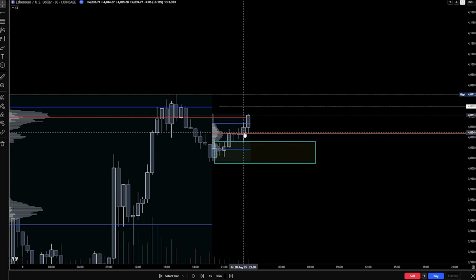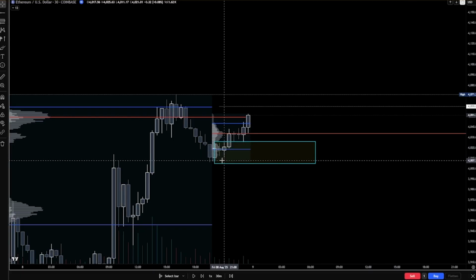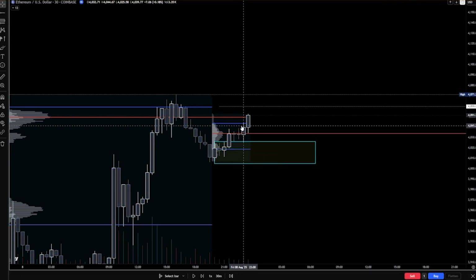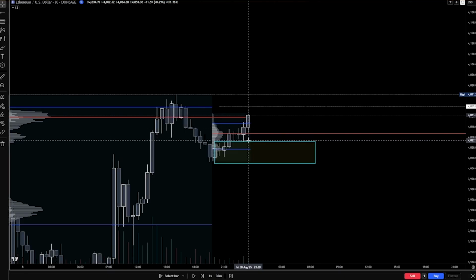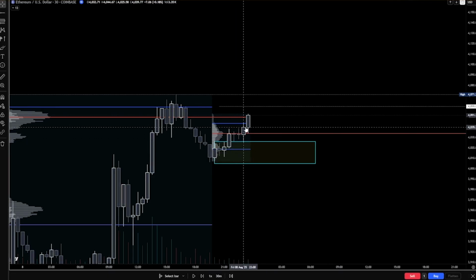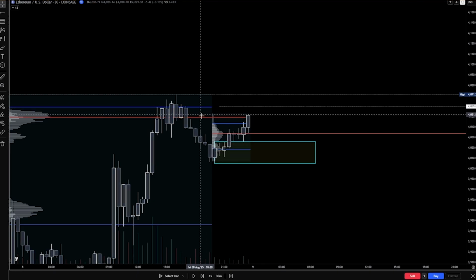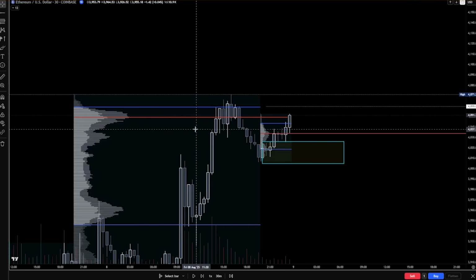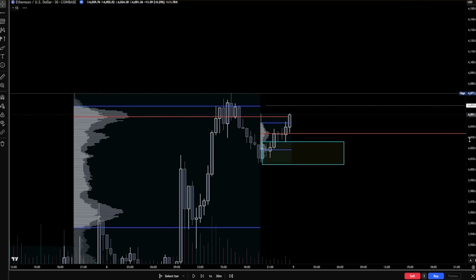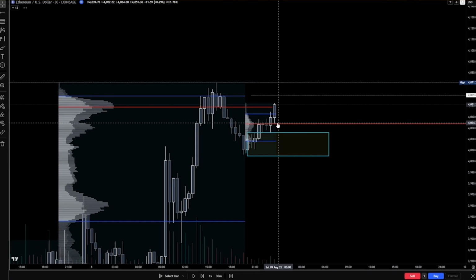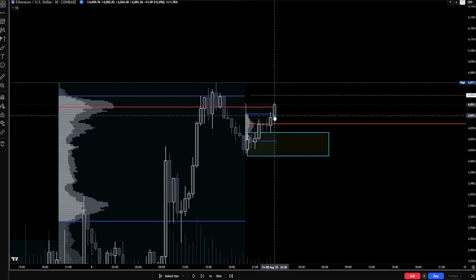Anyway, we moved out of the initial balance, turned it into support, and kept on moving. You get the point of control really pushed up against the previous day value area high, and it turned the current point of control in the developing session into support.